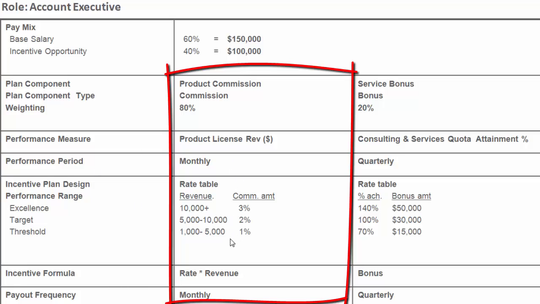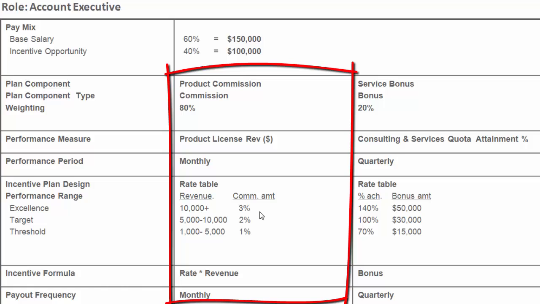Underneath that, we can see a basic rate table. What this is saying is, if you make somewhere between $1,000 and $5,000 of product revenue, we're going to give you 1% of that deal. But when your revenues are between $5,000 and $10,000, you double your percentage and get a 2% commission rate. Anything over $10,000 is paid at a commission rate of, say, 3%.